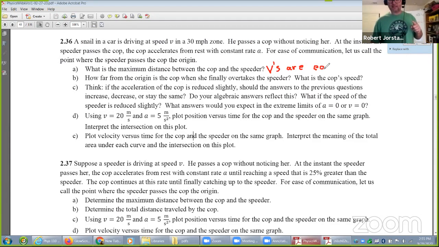They have the max separation when the velocities are equal. And then a lot of you said, how far will they catch up? Overtakes. That's what says they have the same delta x. And so you're supposed to know that just in case this type of stuff shows up sometime.